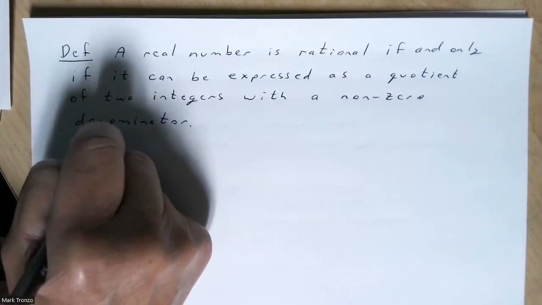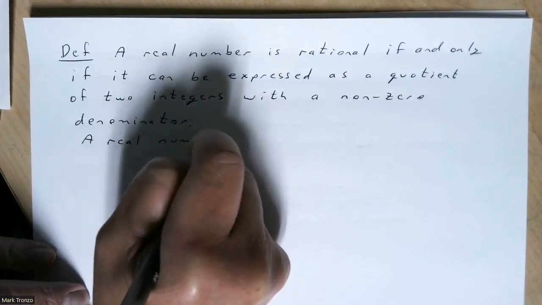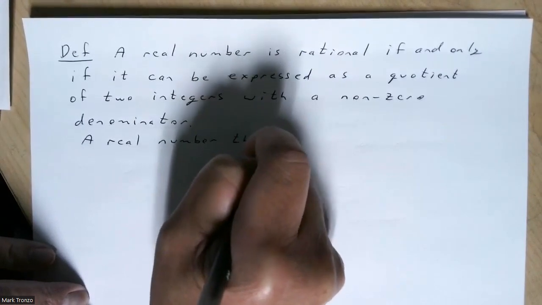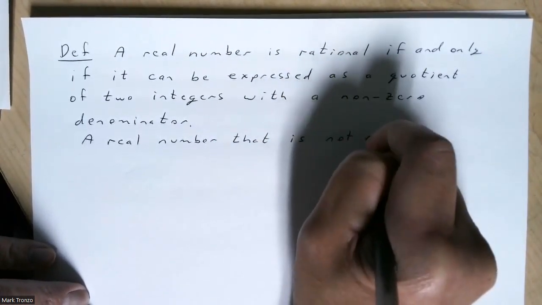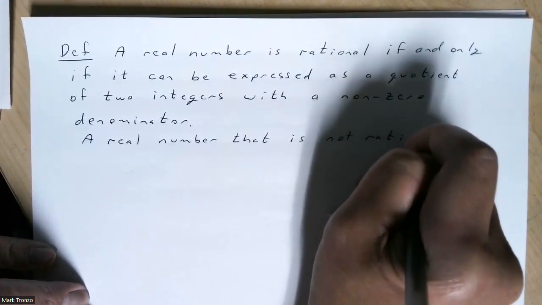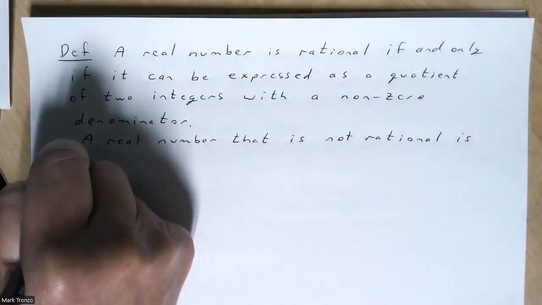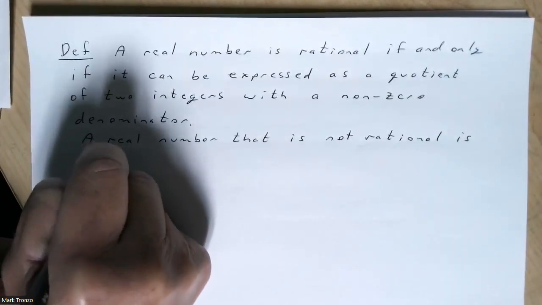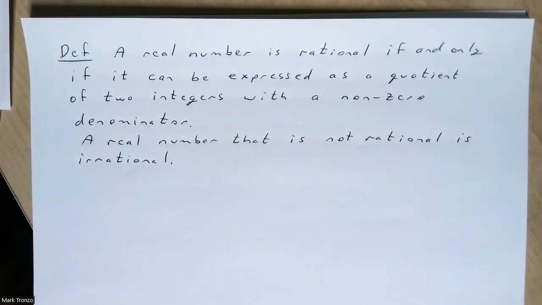And a real number that is not rational is irrational.